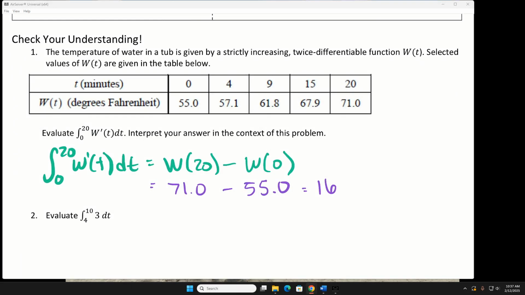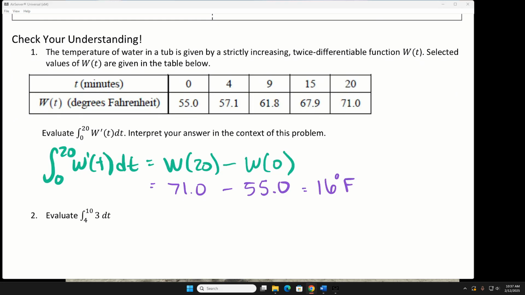And then we're going to interpret this in the context of the problem. So what is 16? It's degrees Fahrenheit. Well, what did you subtract? We subtracted the temperature at 0 minutes from the temperature at 20.